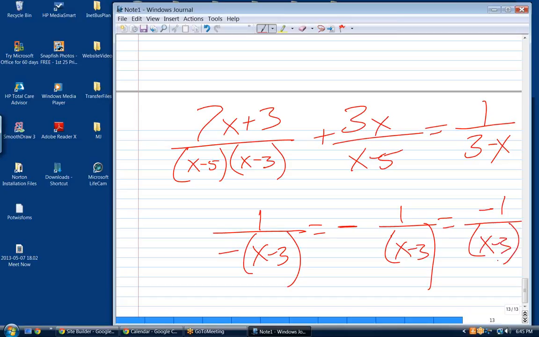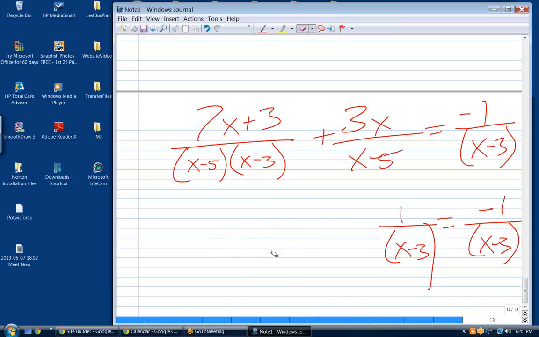All of these are the same. Well, it's going to make the problem a whole lot easier if that says x minus 3 as opposed to 3 minus x. So let's choose this option here and make it say minus 1 over x minus 3.